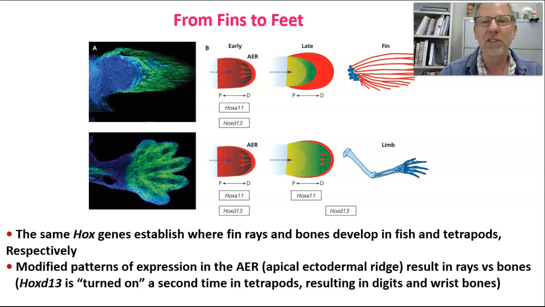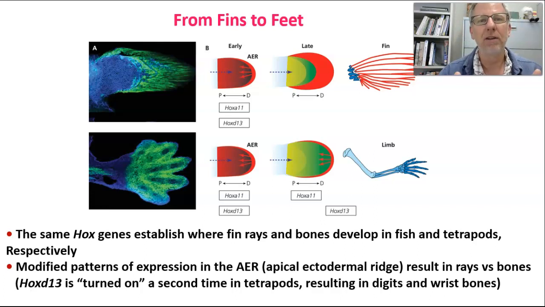But there's differences in how the genes are expressed. And so again, it seems to suggest that mutations that affected regulatory genes are what mostly explain the development of tetrapod limbs or feet from fish.